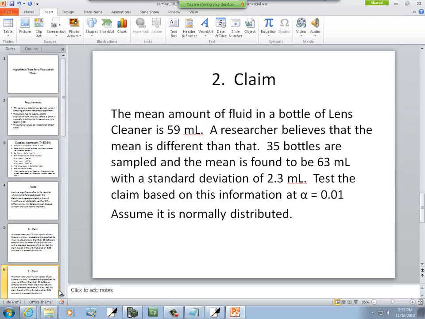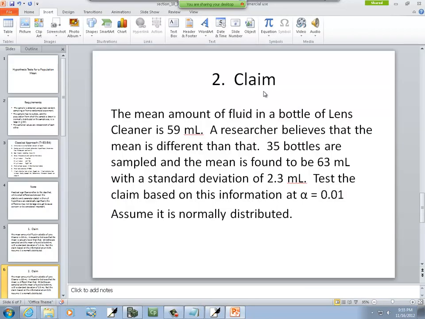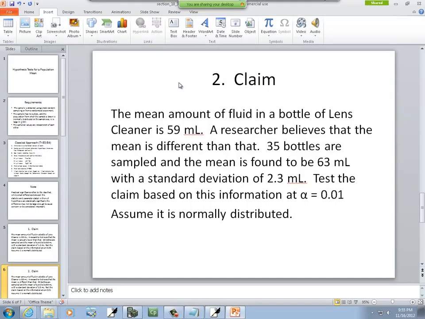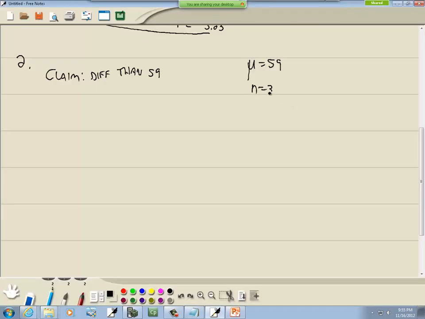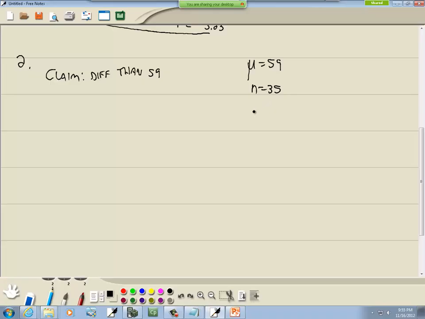Okay, number 2. I'm still on my bottle of lens cleaner. It says its mean is 59. Researcher believes that the mean is different. Sounds like our claim. Different than 59, which means it could be less than, could be greater than, so it's just different. 35 bottles are sampled, so n is 35, and the mean is found to be 63.